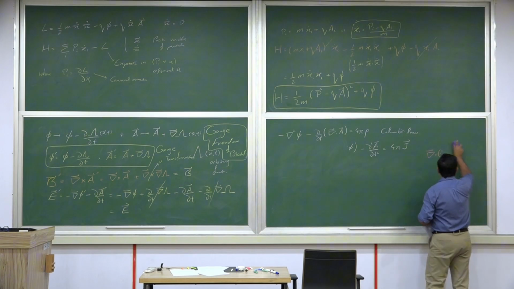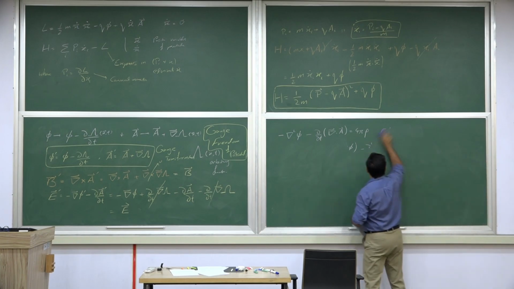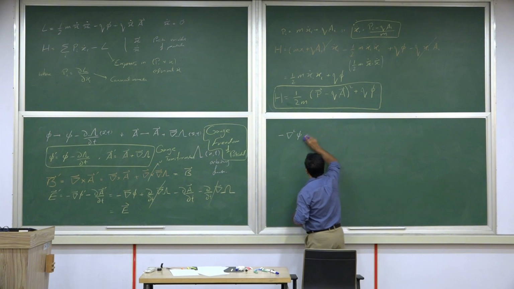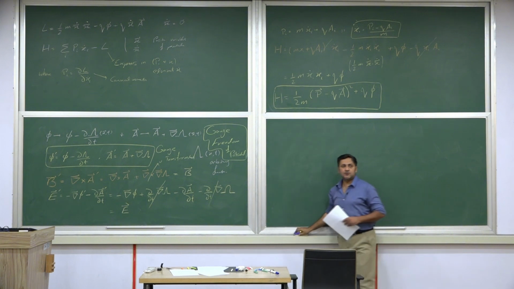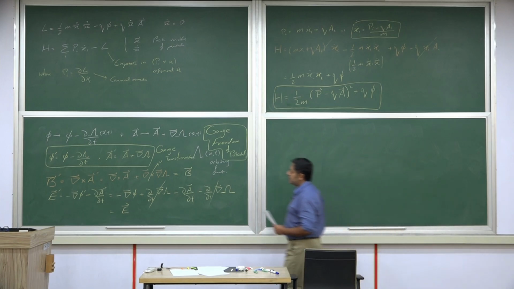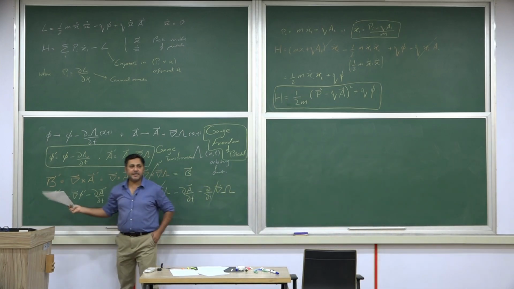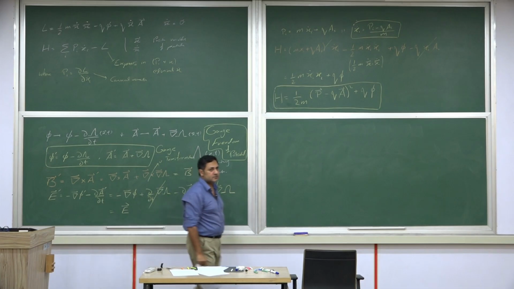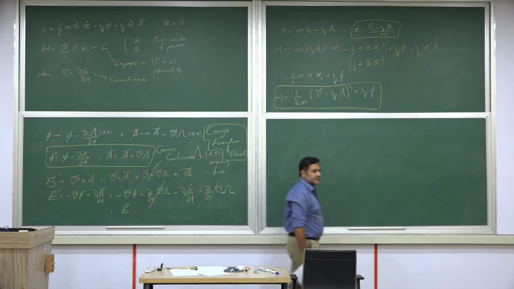So you may ask, okay, so what's wrong? If there is a huge freedom, I can choose any one of those and do my calculations, because in the end, I care about E and B, and E and B do not depend on those choices of gauges.